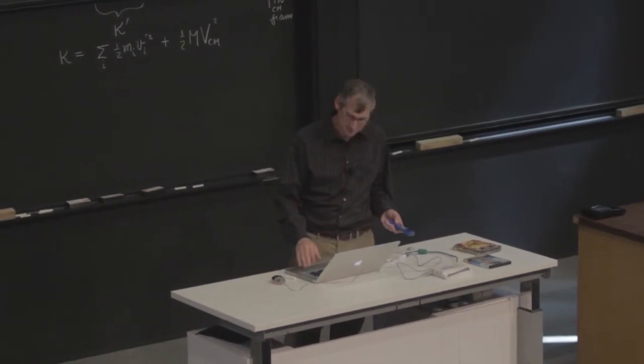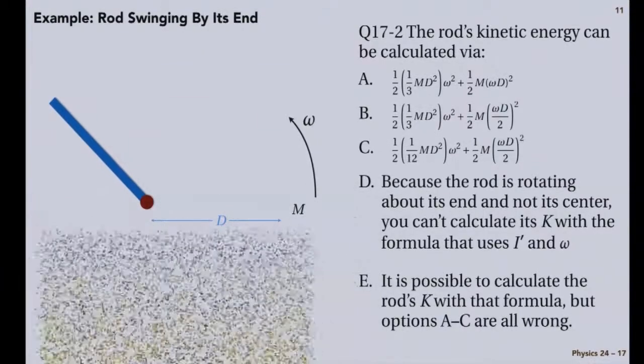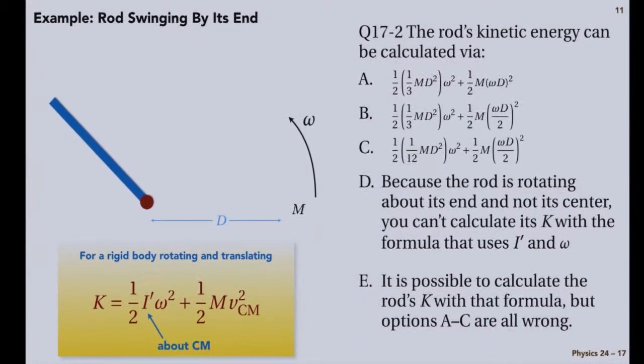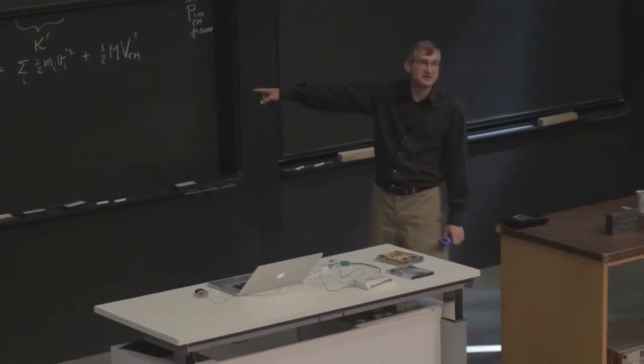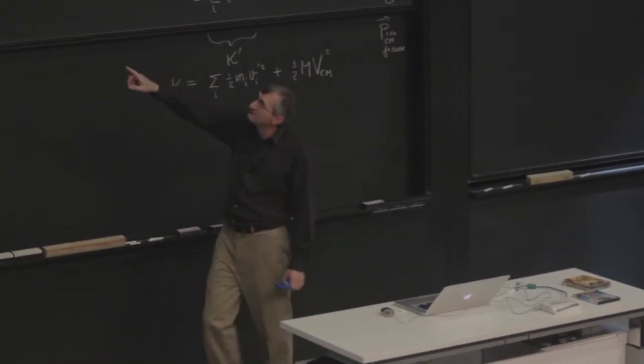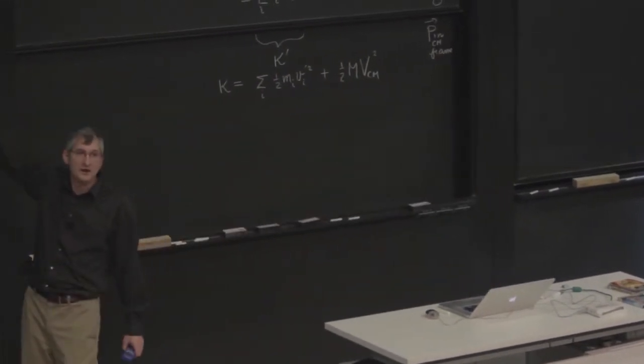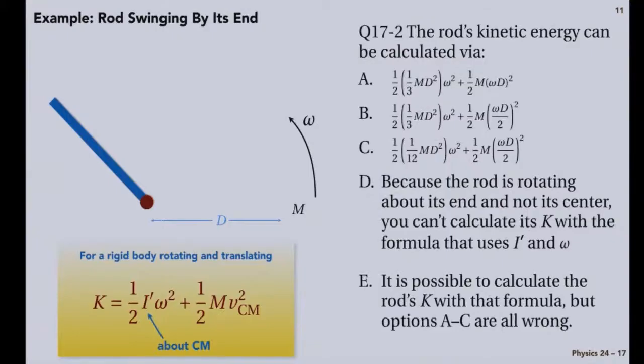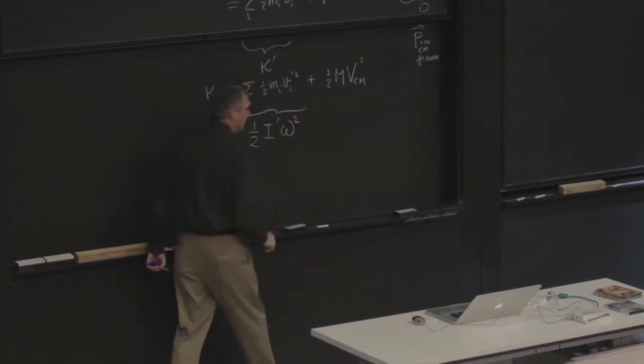And if I rewrite this expression using what we derived earlier for a rigid body rotating about its center of mass, then I could express this one as 1/2 I prime omega squared.